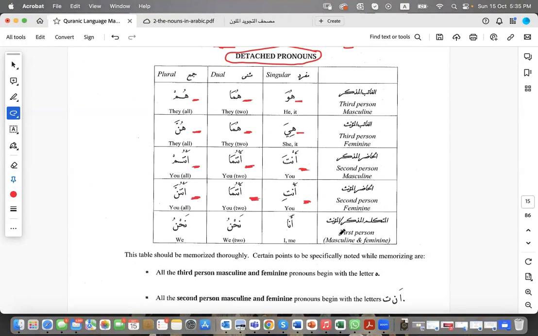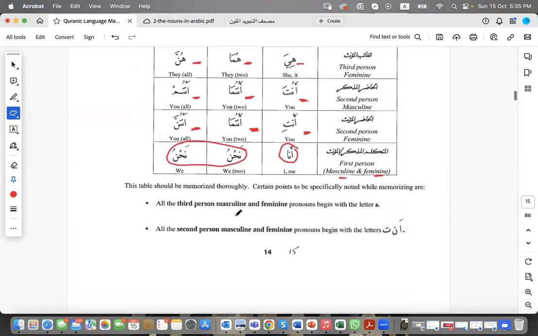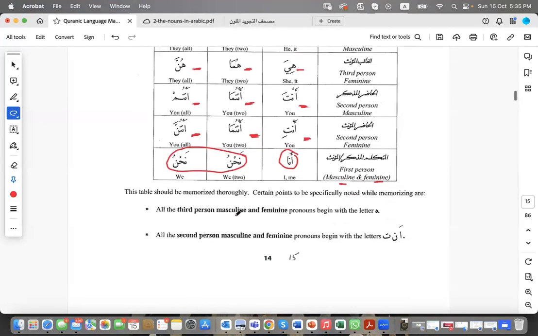And finally, the first person singular, and it is used for both masculine and feminine, is أنا. So أنا means I, and it is used by both genders. And for the dual and the plural it's going to be نحن, regardless of the gender. So we have only 2 forms for the first person, as you can see.